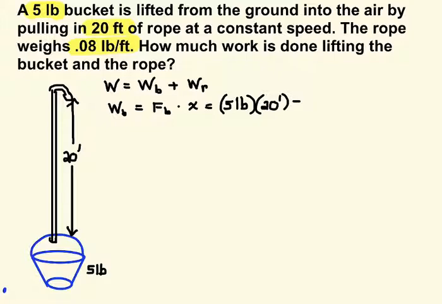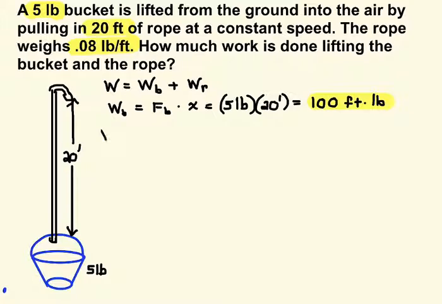So the work done to lift the bucket is 5 times 20, so that's 100. And the units are foot-pounds. Okay, so this is the work done to lift just the bucket.